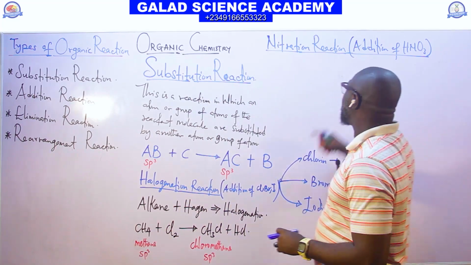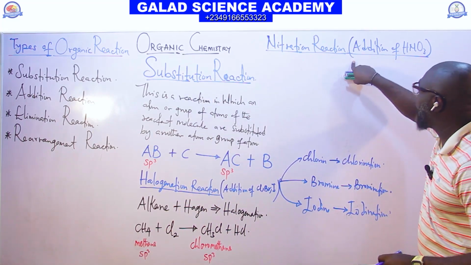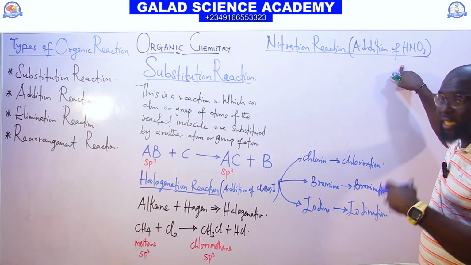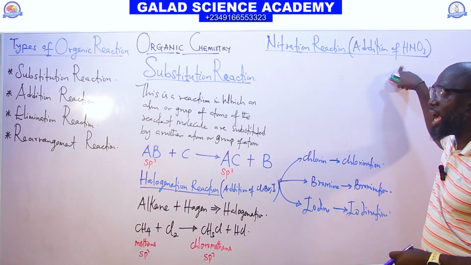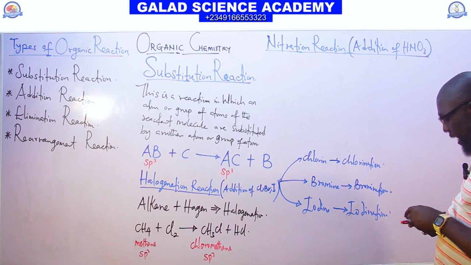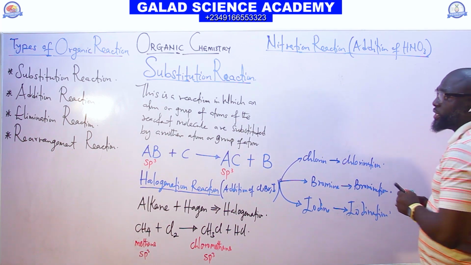Whenever you are having nitration reaction, if you add HNO3 to an organic compound, it will give you the nitro derivative of that compound. And the product that is liberated is also NO2.